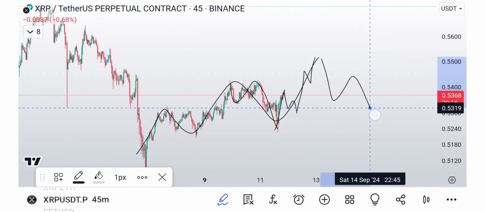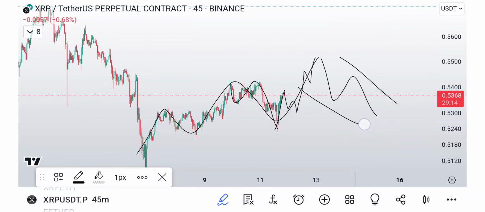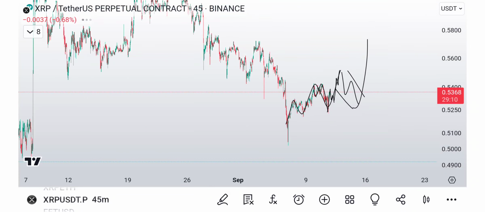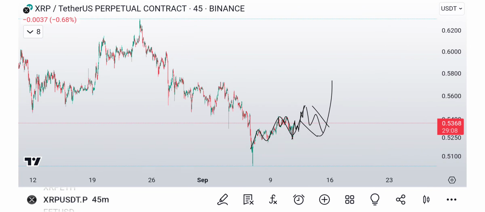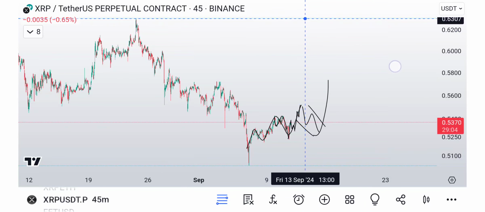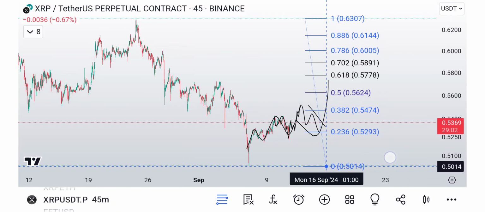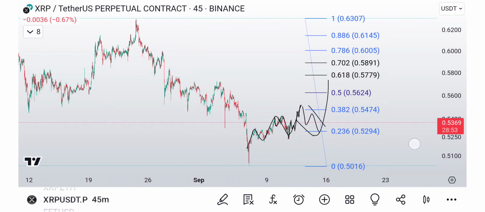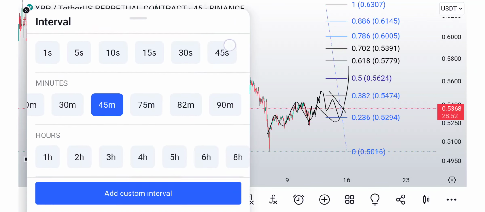We got to get a big ABC, flag out in here, and then explode to the upside. Back to where I believe it's going, which is when we pull the retracement levels up here, somewhere around 58 cents, 57 to 58, right? That's where I think. I could be wrong, but we'll see.